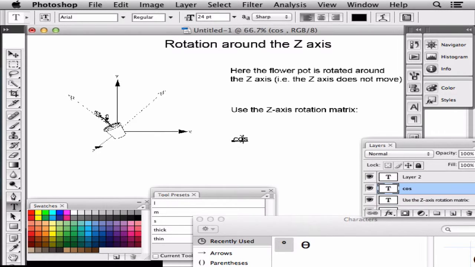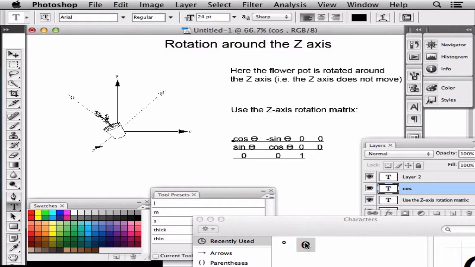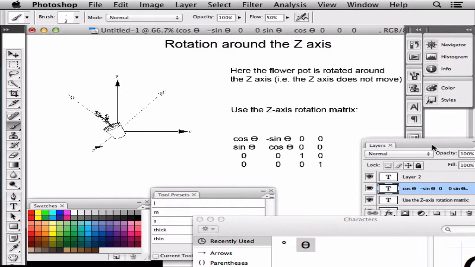There's too little space on the screen. There it is.